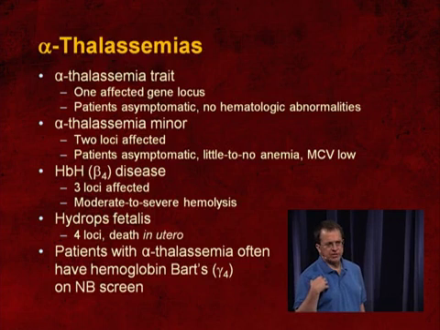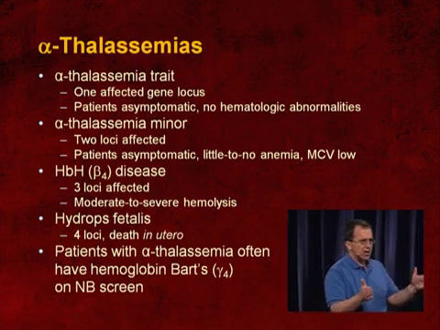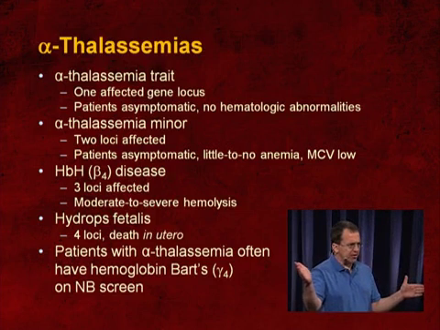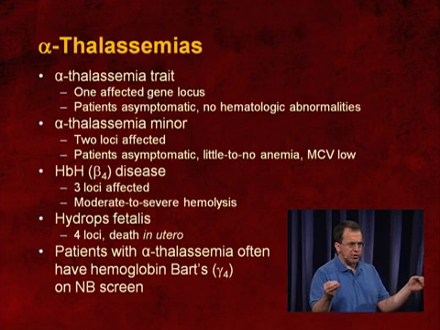I consider the thalassemias to be very challenging. I hope what we've just done in these slides has made them less challenging. I think the key is to think about what hemoglobin is, a tetramer. Think about what the most common normal adult hemoglobin is. 97% of your hemoglobin is hemoglobin A, alpha 2, beta 2.